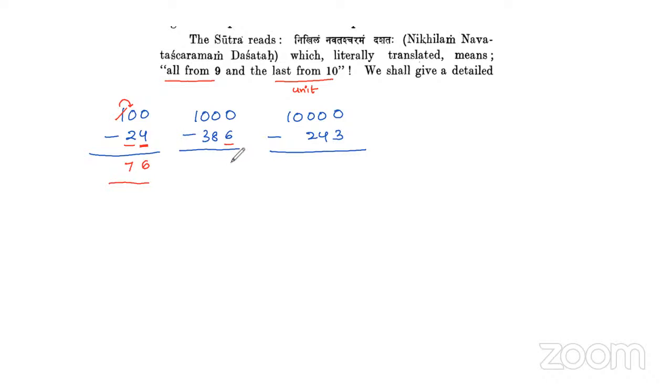The first number from 10, 4, the second number from 9, and the third number also from 9. Then we get 6. So this will be the final result, and this one will be eliminated. And here it will be from 10, 7, from 9 it will be 5, from 9 it will be 7.